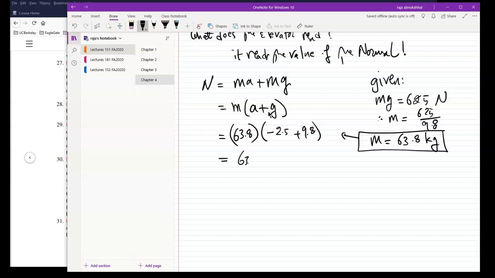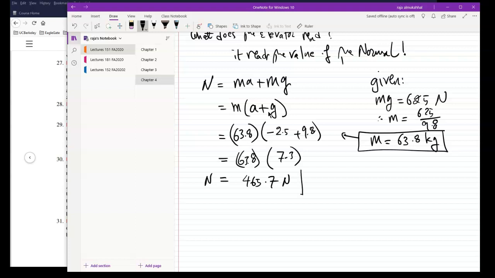So that's going to be 63.8 times 9.8 minus 2.5, answer 7.3, and then you multiply those two together. 63.8 times that, answer 465.7. 465.7 Newton. There we go.